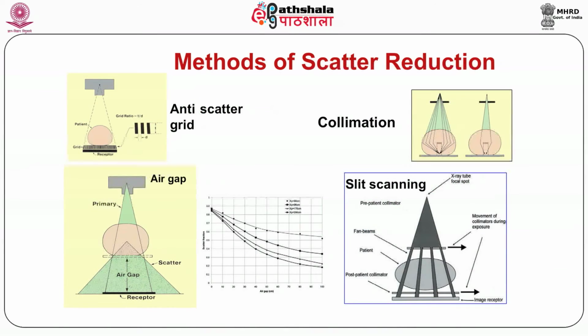The magnitude of scattered radiation needs to be minimized for improving the image quality, that is contrast. A mechanical device called an anti-scatter grid is commonly used in the majority of radiographic projections. The grid is placed between the patient and the image receptor, e.g. a screen film cassette, to reduce the amount of scatter reaching the detector, as shown in the figure.